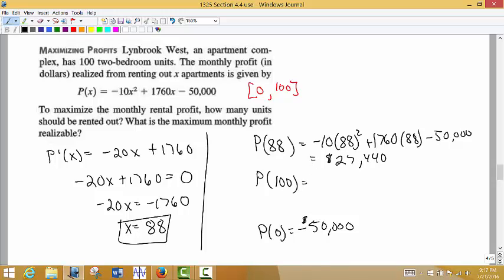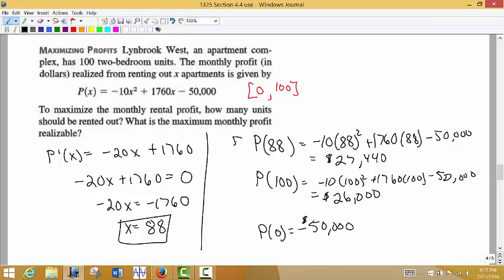So if we plug in 100, what do we get? Okay, and I got, let's see, $26,000. All right, so if we rent out all 100 apartments, we only get $26,000 in profit.